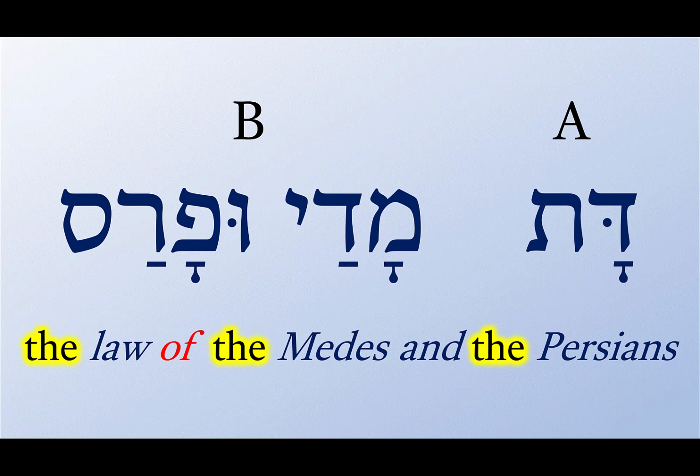So it's not a law, it's the law, where the B nouns in this case, and I'm calling them B only and not saying C, because that conjunction there is basically putting both of those nouns under the heading of B. So the law of the Medes and the Persians is the right way to take this definite construct chain.